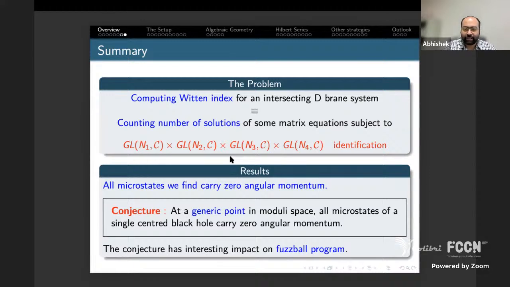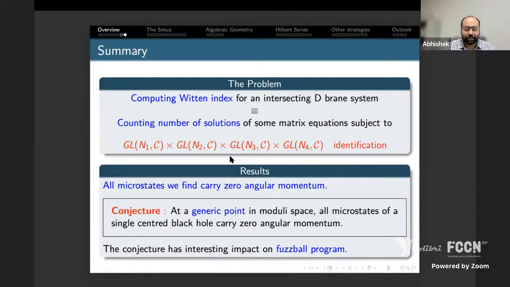So this is actually counting the number of microstates rather than an index. In the usual, say, D1, D5, KK monopole, P system, we actually calculate an index. The states that are contributing to that index have all kinds of angular momentum. They cancel each other, a lot of cancellation, and then you ultimately get some finite number for a given charge.